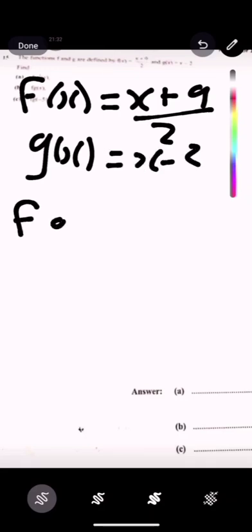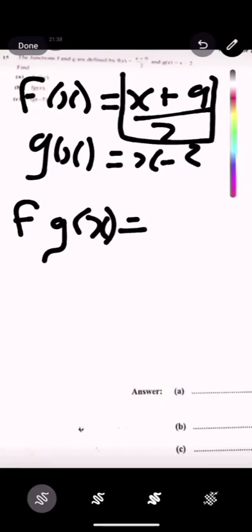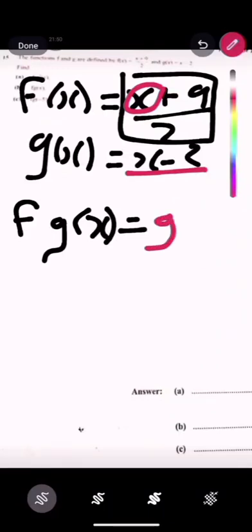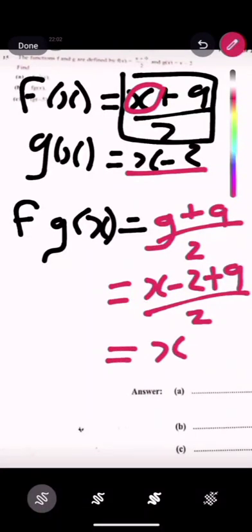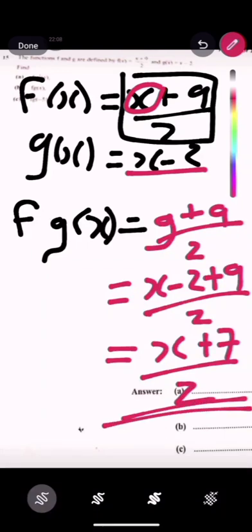So fg(x) simply means you take the expression for f(x), but where there's x, you put g. So g, we know, is x - 2, giving (x - 2 + 9) over 2. Negative 2 plus 9 is plus 7, so (x + 7) over 2. So this is your fg(x).